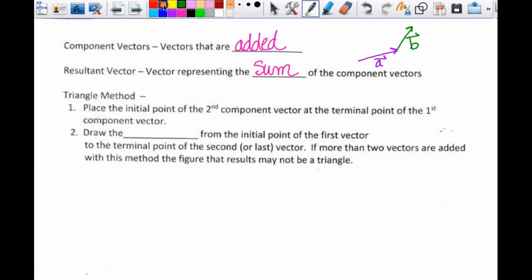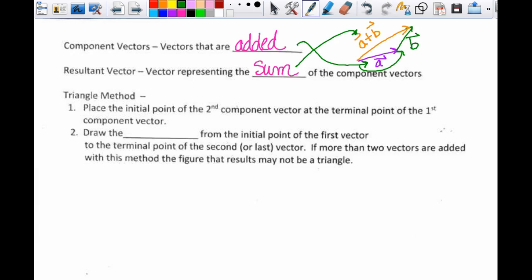And so then this is A plus B. The components, because there's plural, sorry about that, the component ones are these two here. And then the resultant is the result. That should make sense to you, right? The two components that go with it.